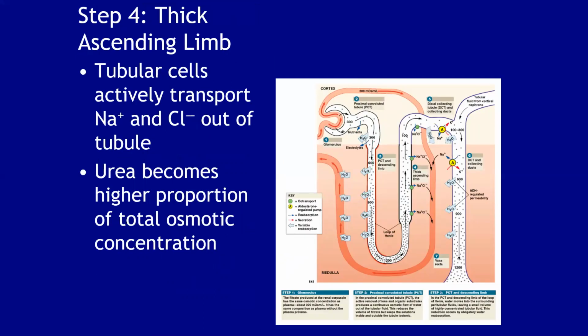When we get to the thick ascending limb of the loop of Henle, you can see that sodium and chloride are actively transported out of the cells. This is a co-transport situation where you're losing both of them. And you can't see it in this picture, but urea, the waste, becomes a higher proportion of the osmotic concentration.